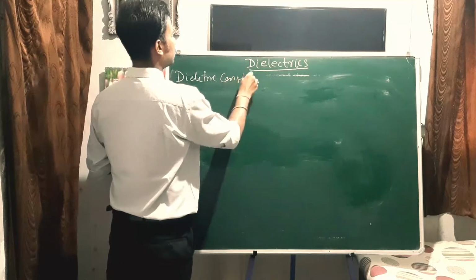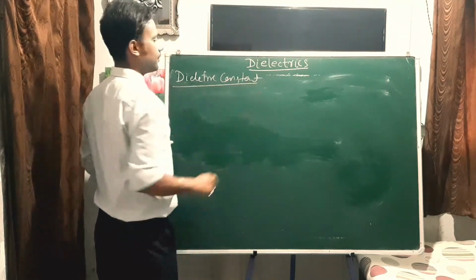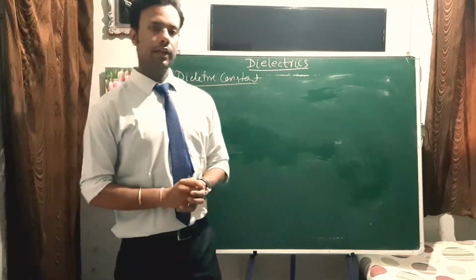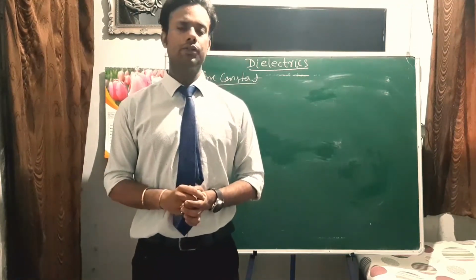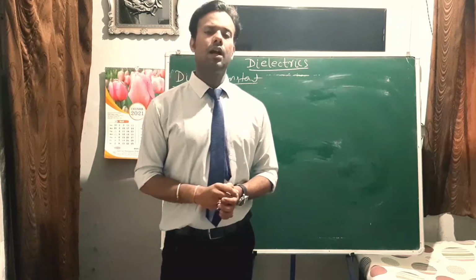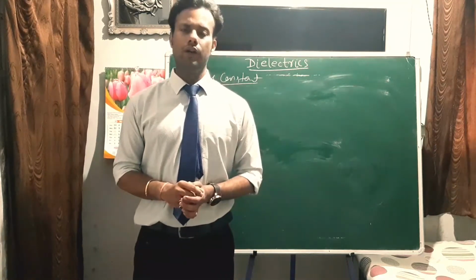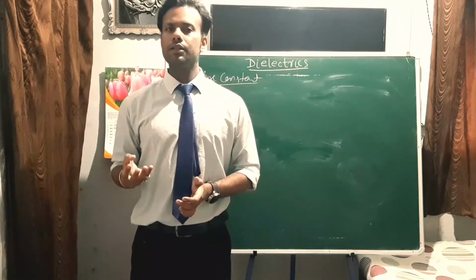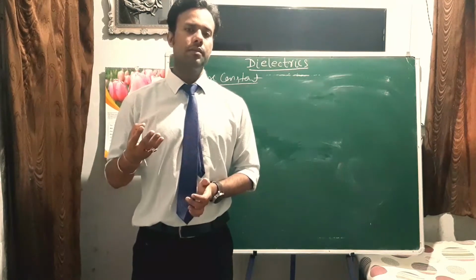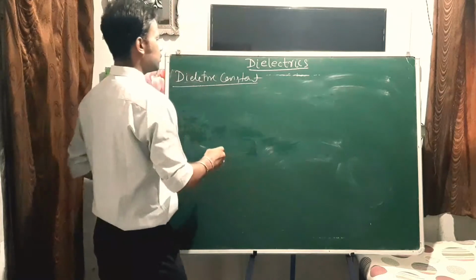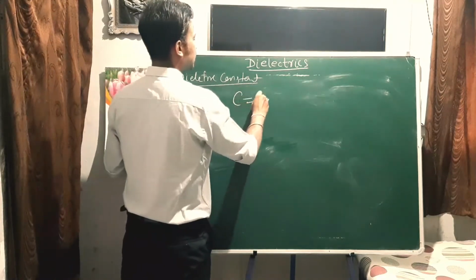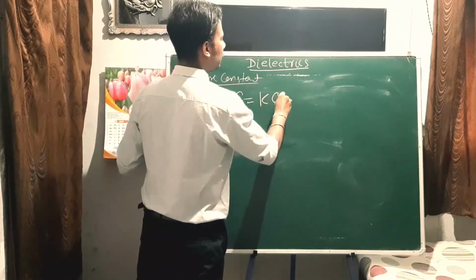Dielectric constant. You know that if in between the plates of the capacitor our dielectric material is completely filled, the capacitance of the capacitor increases by k times, and k is nothing but the dielectric constant. So C becomes k times C naught.